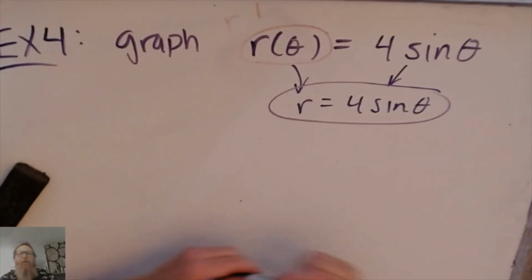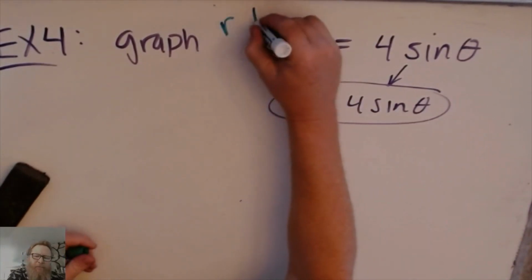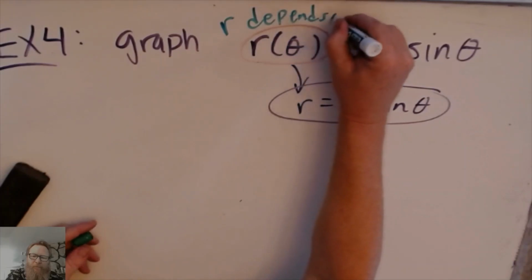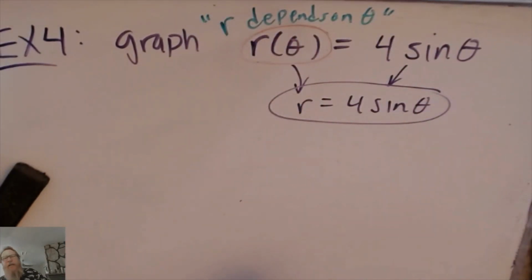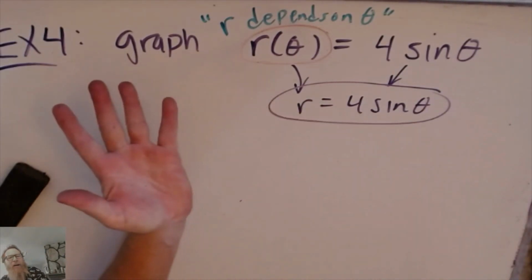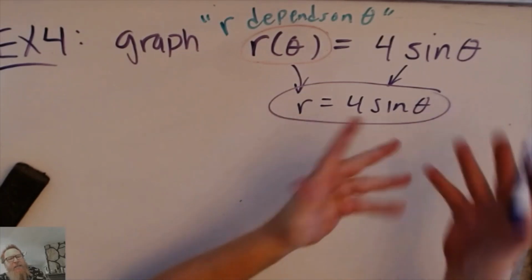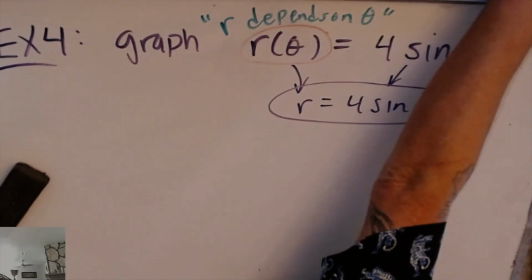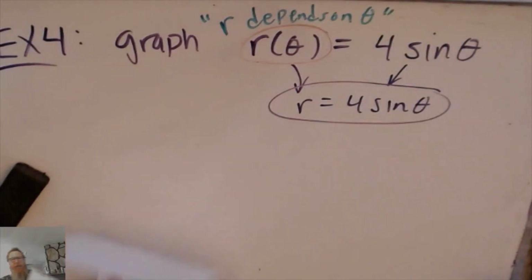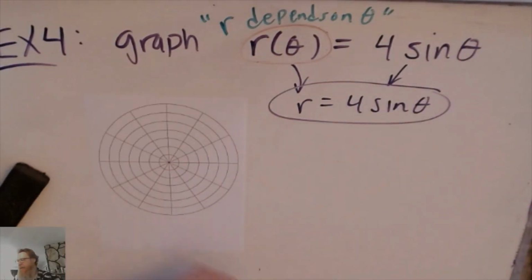It's kind of important that you read it that way, because if you don't know theta, then it's very difficult to find r, right? So r is dependent upon theta. Got some polar graph paper here.